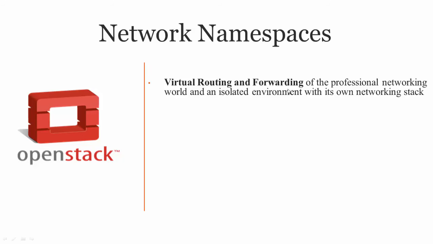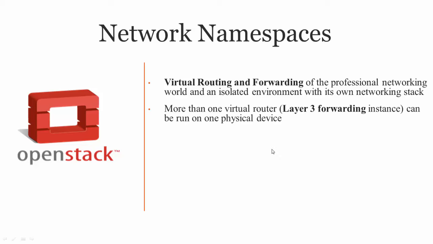Also, this is an isolated environment with its own networking stack. So for this purpose, namespaces, this virtual router, especially for the layer 3 forwarding service, can be run on the physical device.